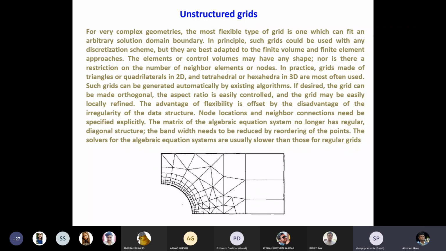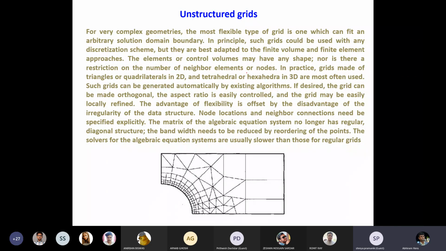Now the unstructured grid is a little bit different, as I was saying. For very complex geometries the most flexible type of grid is one which can fit an arbitrary solution domain boundary. In principle, such grids could be used with any discretization scheme, but they are best adapted to finite volume and finite element approaches.